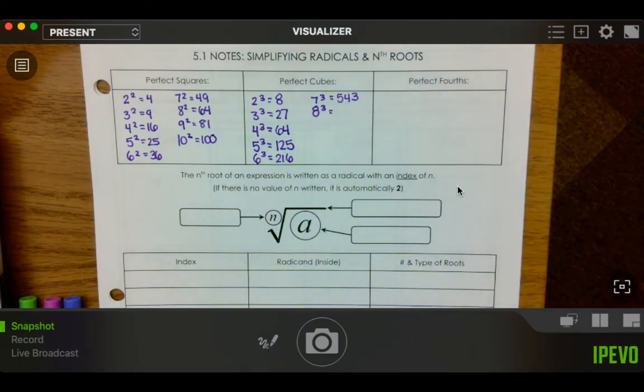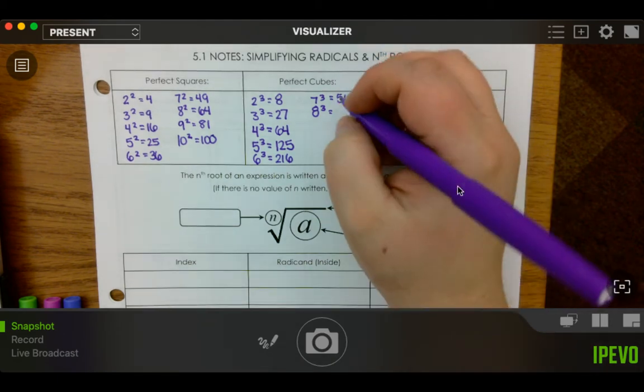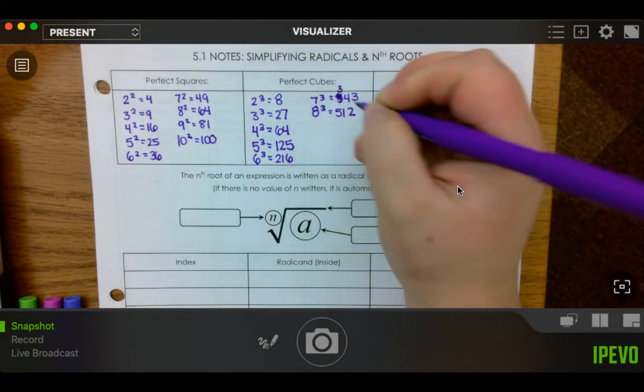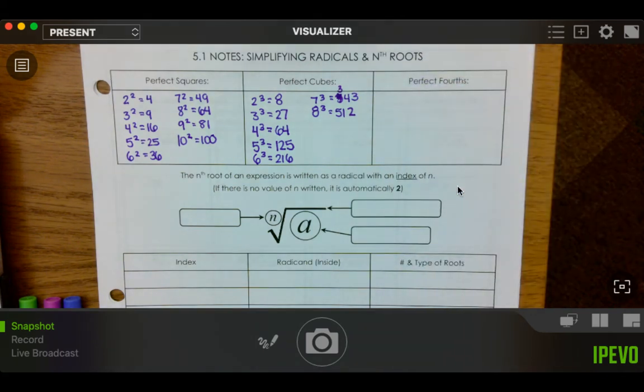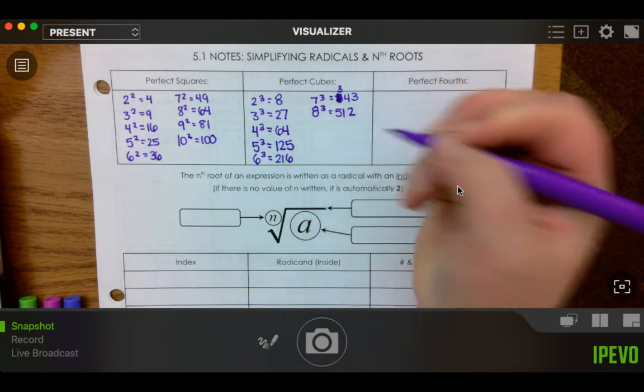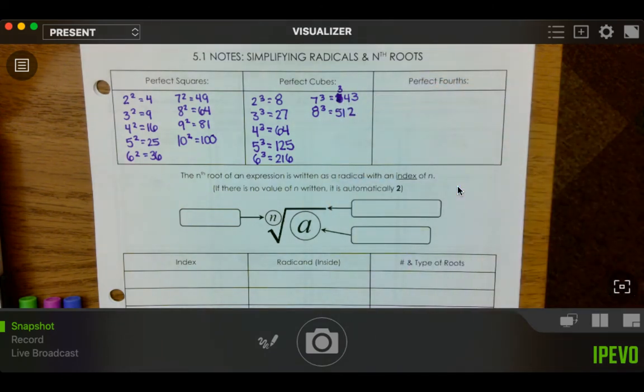And then 8 cubed is 64 times 8 again, which is, I don't remember this one, so I'm going to have to do it real quick. 512. I remembered my 7 cubed wrong. Let me double check for you. Yeah, this one should be 343, not 543. Okay, I'll give you a second to get those written down.